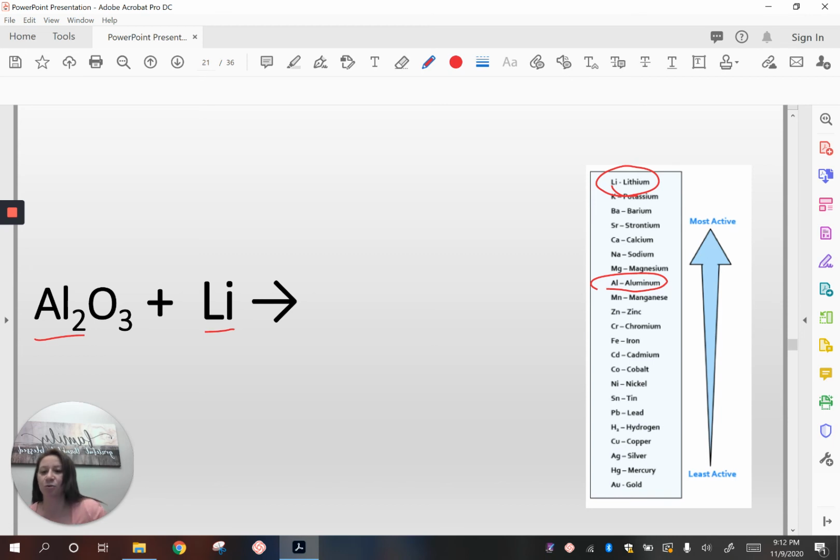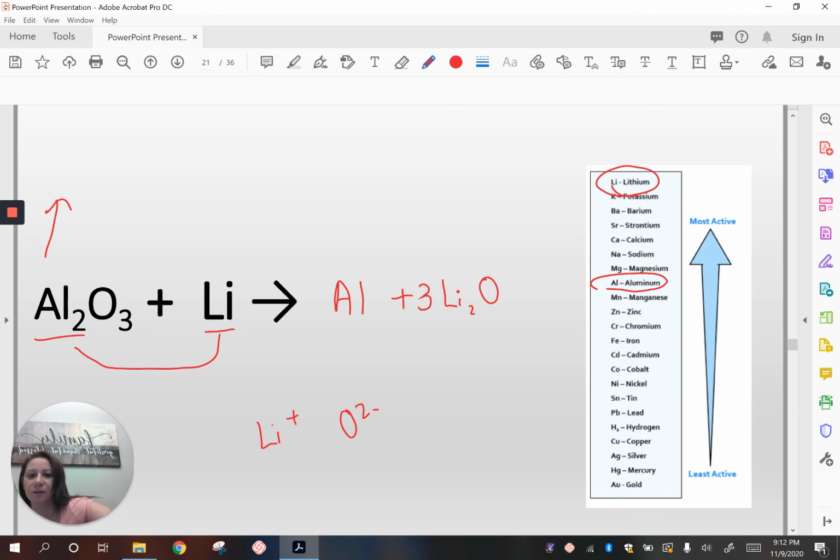No, that means a reaction will occur. So lithium will kick the aluminum out. So now aluminum is all by itself. And then lithium will form a compound with the oxygen. Li plus O2 minus, so Li2O. And then we'll need to balance that. So we're going to need 3 of these, 2 of these, and 6 of these.